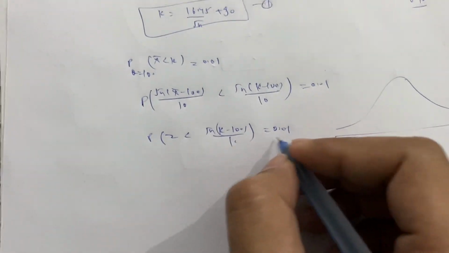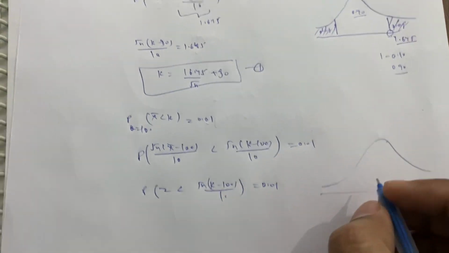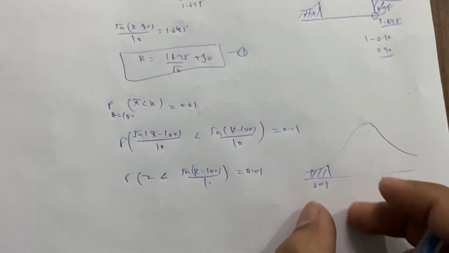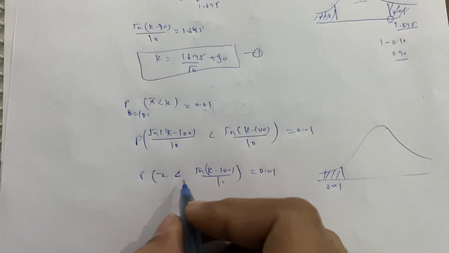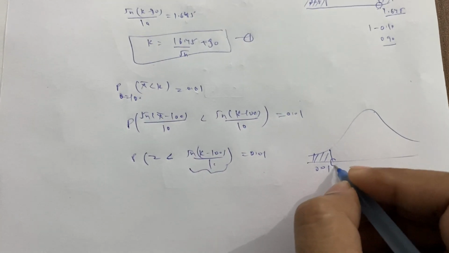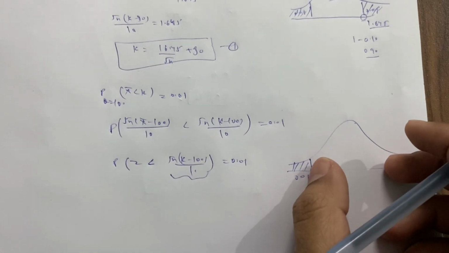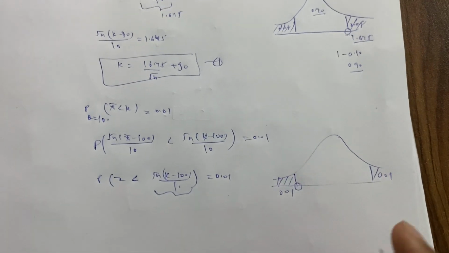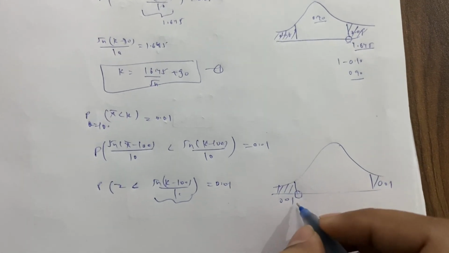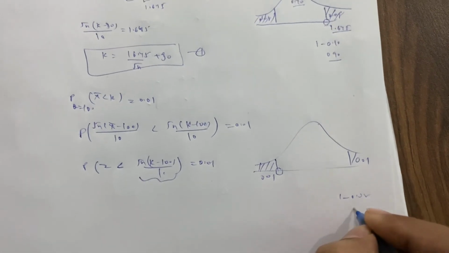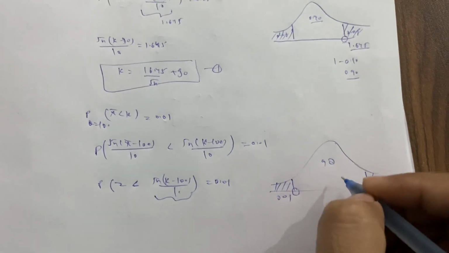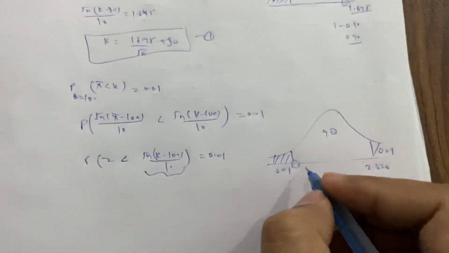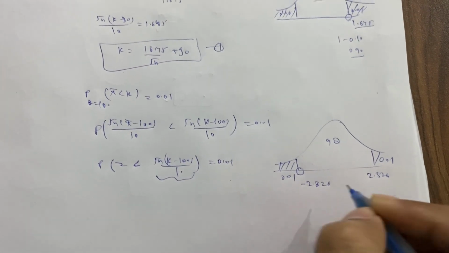Now this is given to be 0.01. Under the standard normal distribution, this area is 0.01. Because it is a less than sign, I have taken the area on the left-hand side. Now what is this value? It is nothing but this point. Let's find it in a similar way using the confidence interval. This area will also be 0.01, and the middle area will be 1 minus 0.02, which is 0.98. For the 98% confidence interval, the z value is about 2.326.